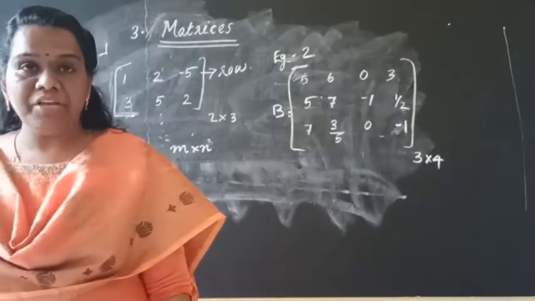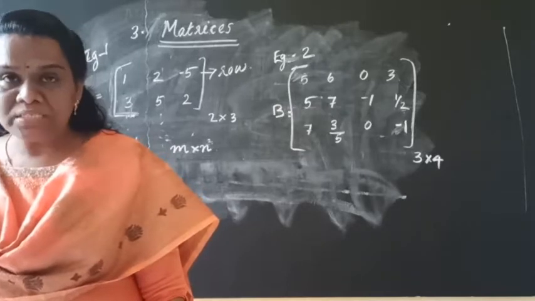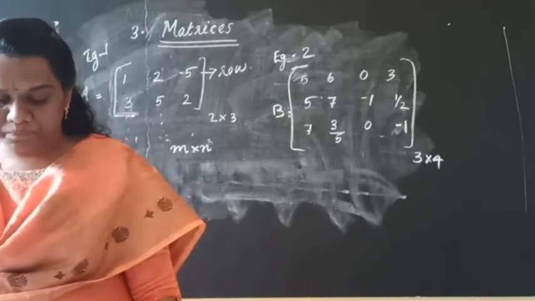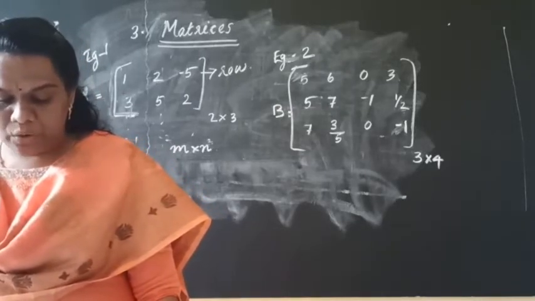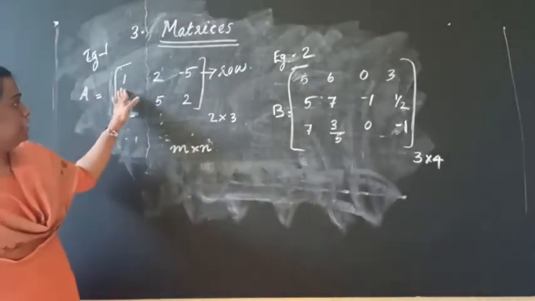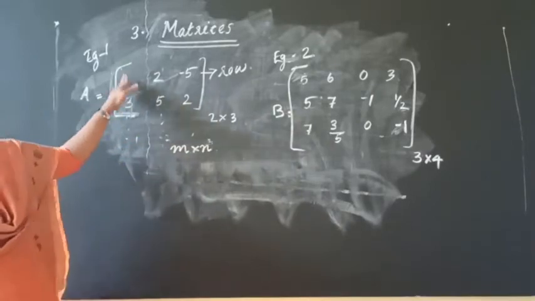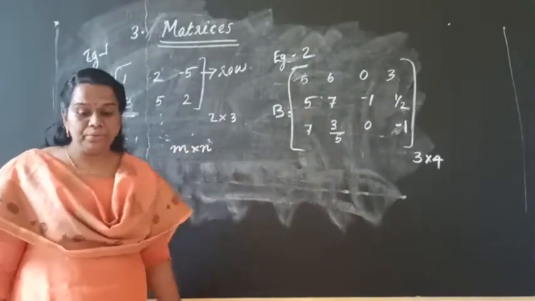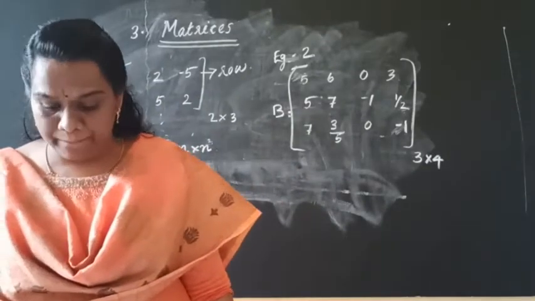A matrix having m rows and n columns is called a matrix of order m by n.